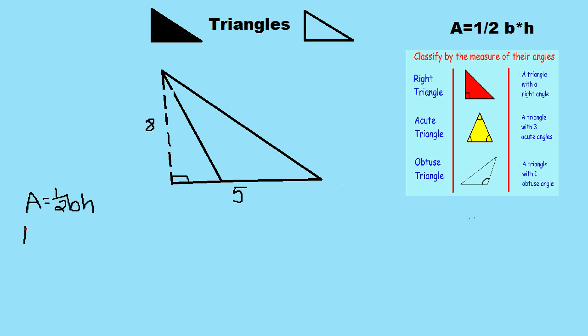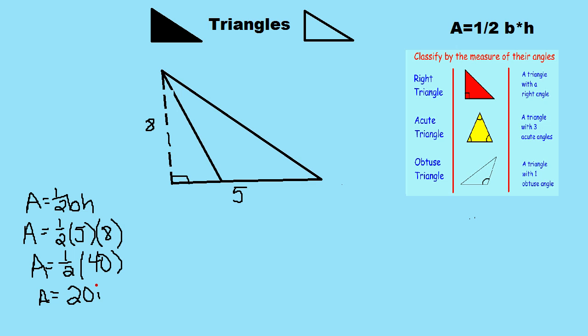So we'll just fill this in. So area is equal to 1/2 times 5 times 8. So it's going to bring us to 1/2 times 40. And then our final area is going to be equal to 20 square inches.